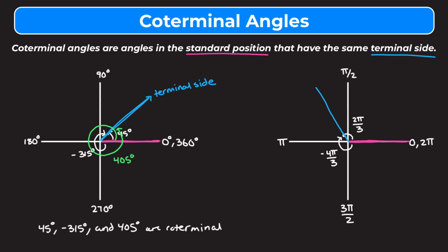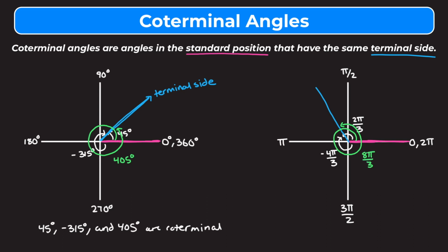And now let's do the same thing that we did for the degrees. We're going to start at the pink side and go an extra rotation around. So we're going to go around like this and all the way back to this blue line over here. So we've basically gone 2 pi over 3 plus an extra 2 pi. And if we actually solve that out, we'll get that this green angle is going to be 8 pi over 3.